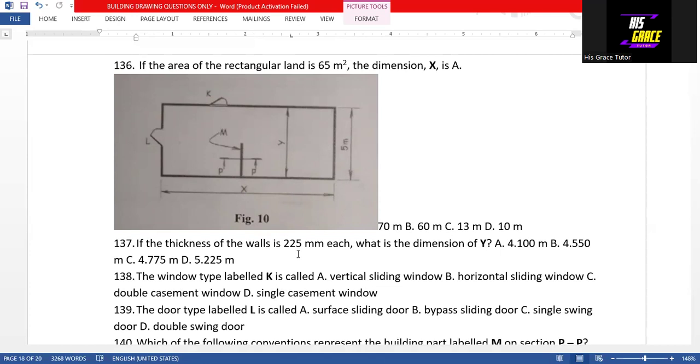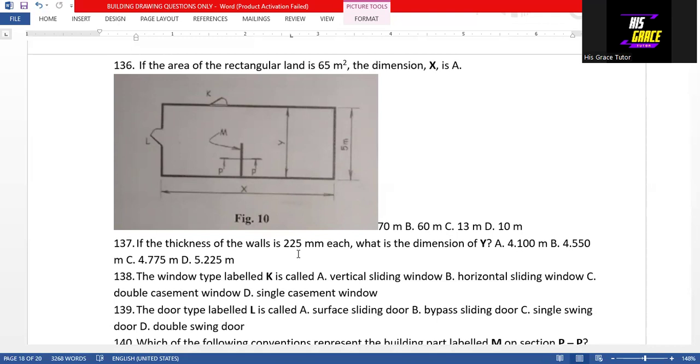So we divide 450 by 1,000 to convert it to meters, which gives us 0.45.